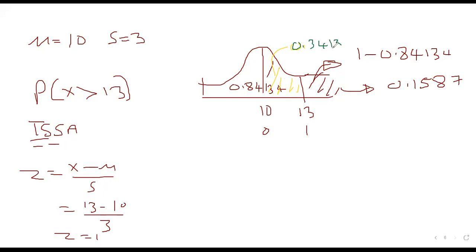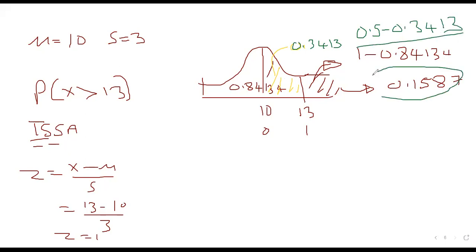So for me to get the remainder, I'm going to subtract 0.5 minus 0.3413. When I compute this, I'm still going to get the same value, which is 0.1587. So you need not get confused by the table that you're using at any particular point.